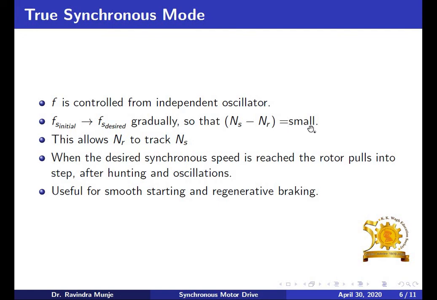the rotor speed is small, right? So Fs initial is changed to Fs desired slowly so that the difference between Ns and Nr is very small. Because of that, the rotor speed tracks the synchronous speed.